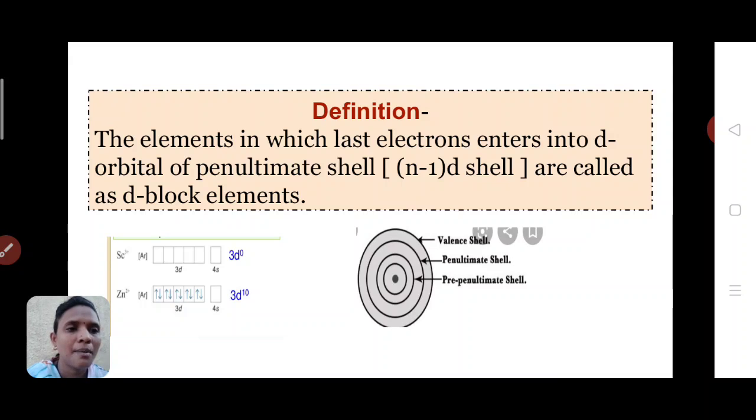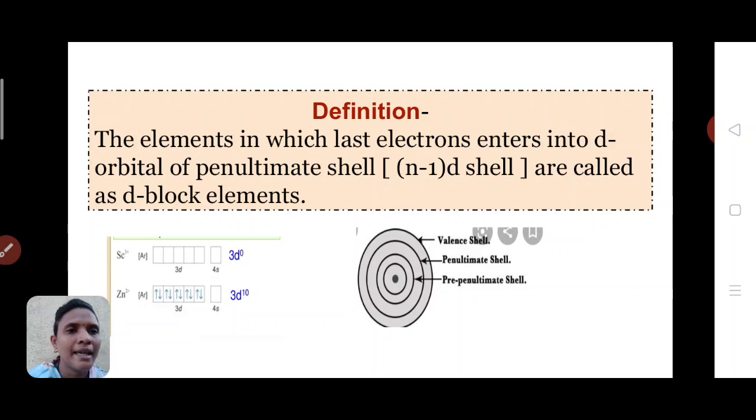N is the number of the energy level of the valence shell. The last shell is considered as n and the second last shell is considered as n minus 1. So if the last shell has the third energy level, then the penultimate shell has energy level 2, that is n minus 1.